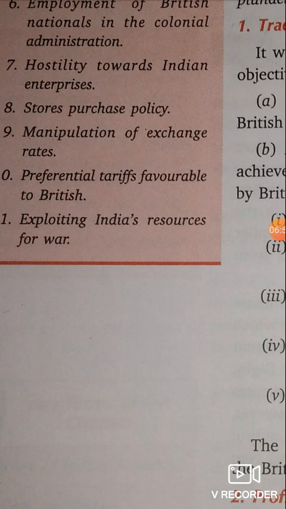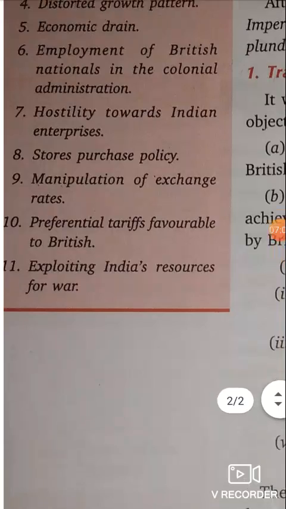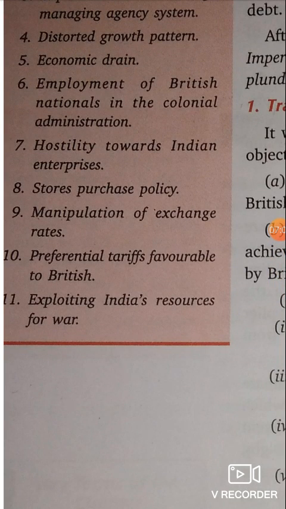Similarly, at the time of independence, $1 and ₹1 were equal. Now $1 is equal to around 74. That is the depreciation of Indian currency, so the purchasing power of our currency decreased. So the Britishers wanted that.